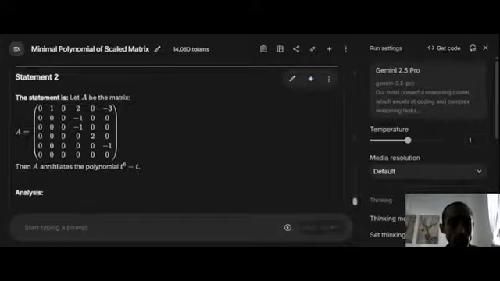Let's do the exercise. Very nice exercise.